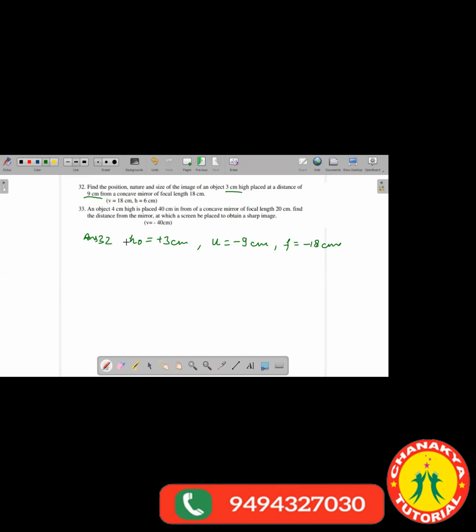Now, we want to find out nature, position, and size of the image. So position means we want to find out V. So we will be using the mirror formula. Can I expect your answers within 2 minutes?